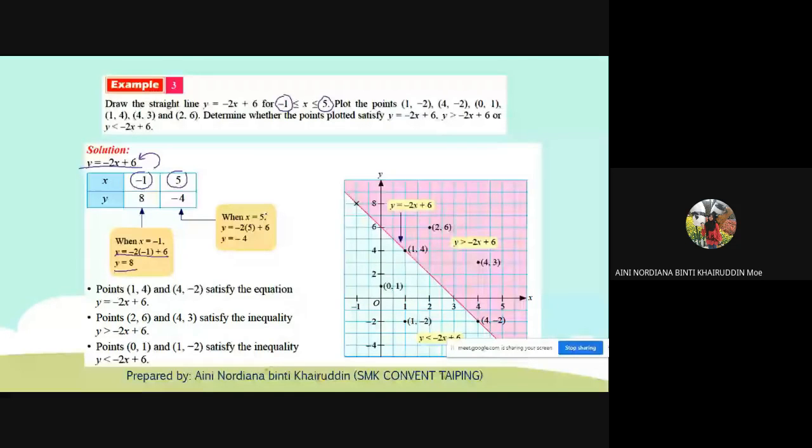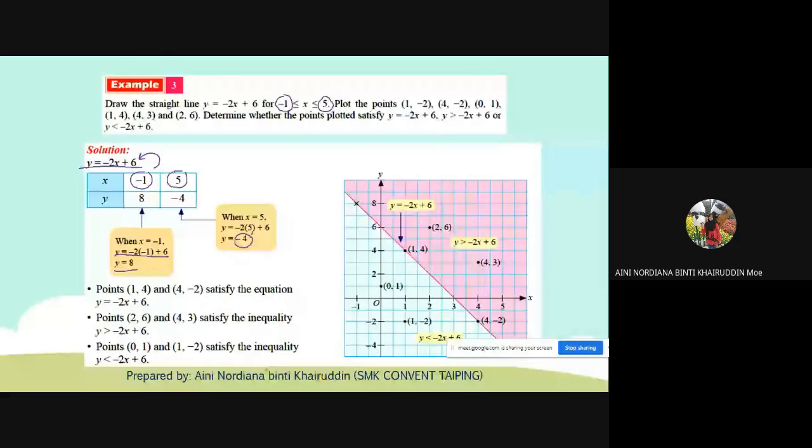Same goes to this. x equals 5. Substitute the value of x into the equation and you will get the value of y, which is negative 4. Then you get two coordinates, which are negative 1, 8 and 5, negative 4.